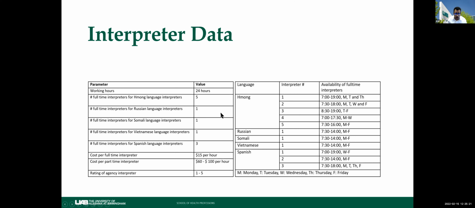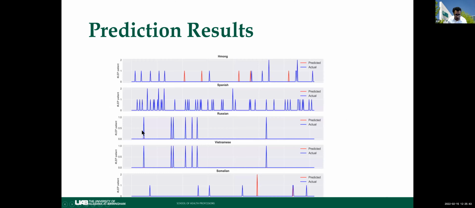And those are the availability metrics for the full-time. You can see we tested 5 languages: Hmong, Russian, Somalian, Vietnamese, and Spanish. And those are the most common languages in Minneapolis, but the model can accommodate as many languages as we want. And those are other values of other parameters.